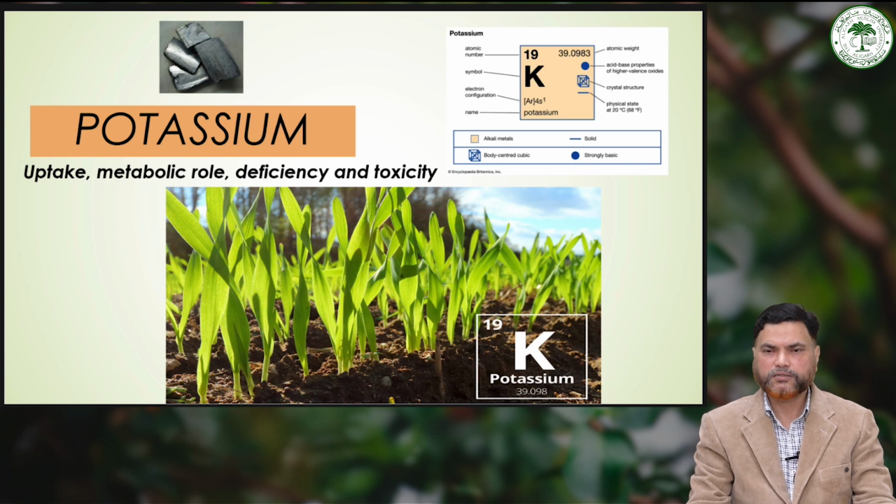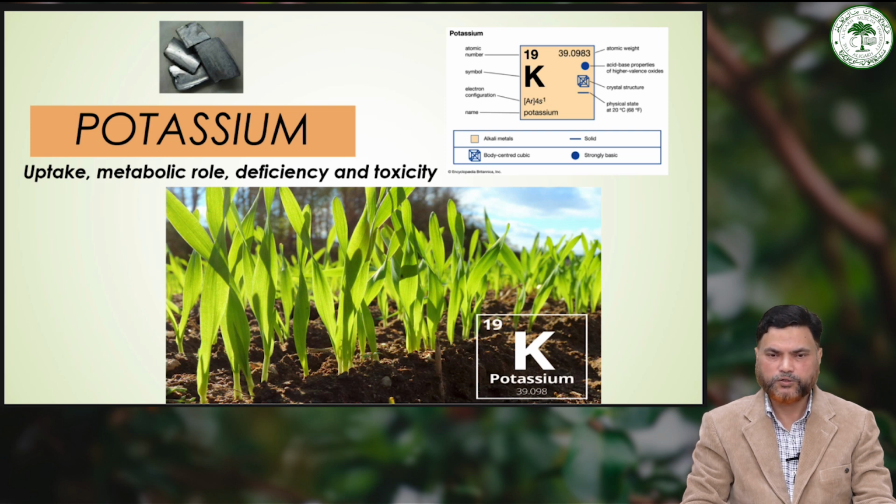Plants obtain potassium from soil minerals, organic matter, and fertilizers, and generally potassium is not involved in building up cell components. Basically, it serves catalytic and regulatory functions.